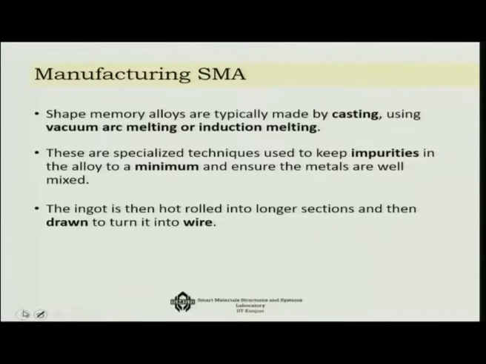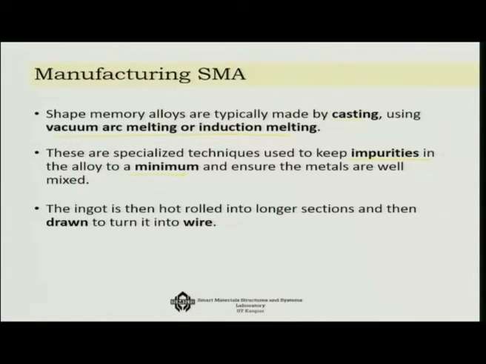How do we manufacture SMA, particularly in the wire form? SMA are typically first made by casting using vacuum arc melting or induction melting or similar processes, but both of these are highly specialized and very expensive processes. However, these techniques are used to keep the impurities in the alloy to a minimum and ensure that the metals are well mixed.